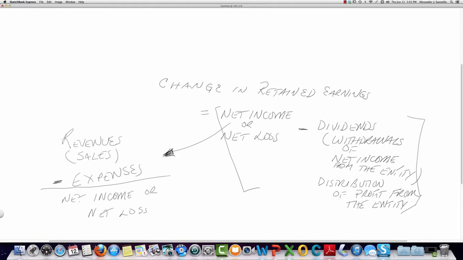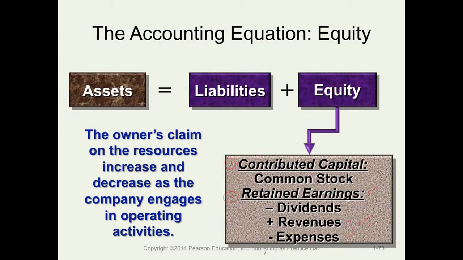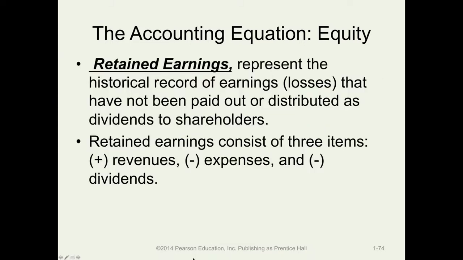And again, it is going to be reflective of the results of your operating activities. So owner's equity will change. The claim against these resources will change as the company engages in economic activities. And again, from operations. So by definition, probably to me, the best way for you to look at retained earnings is the historical record of earnings and losses that have not been distributed to the owners as dividends.